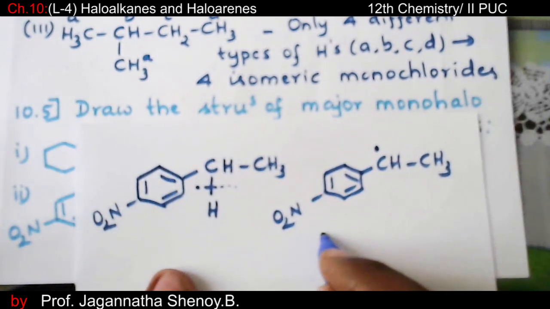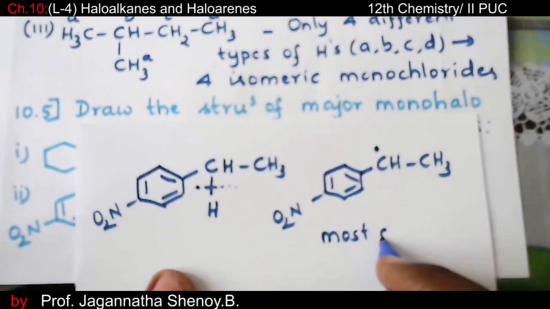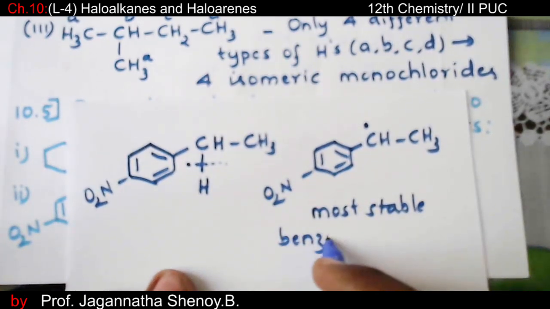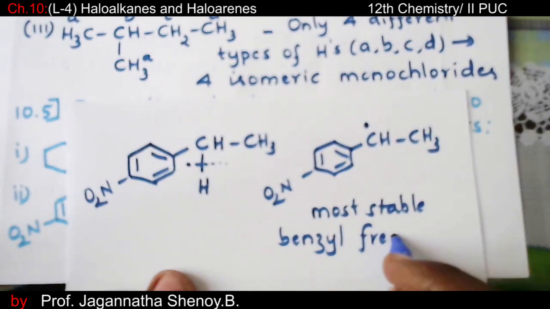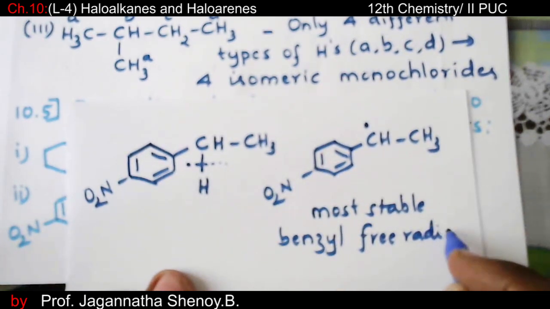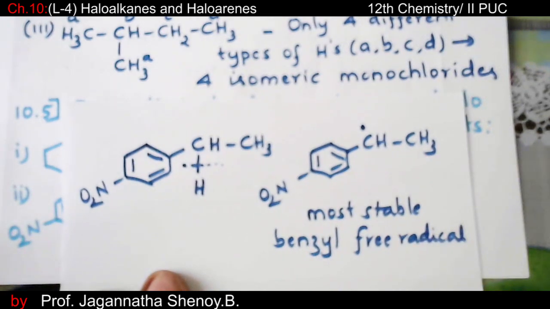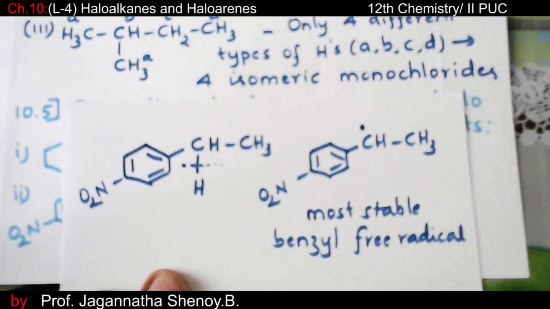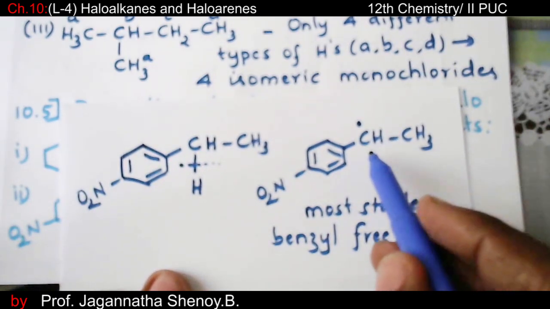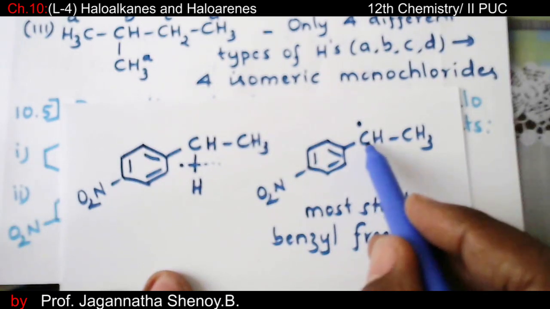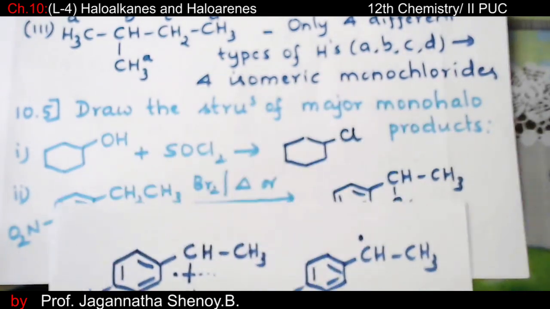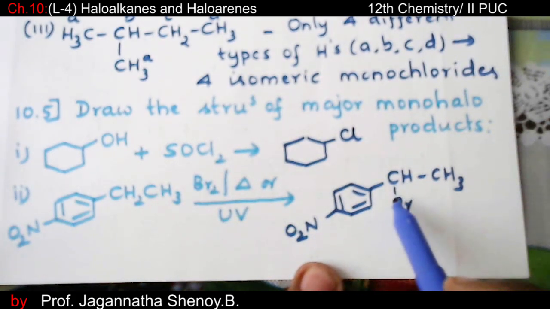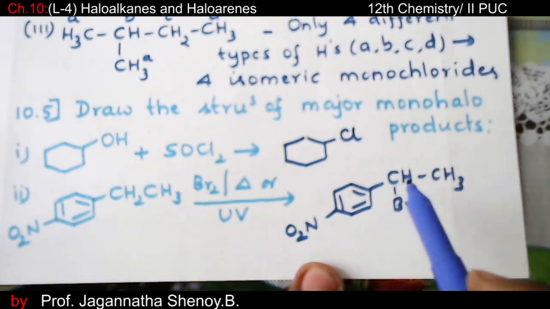You know that this is the most stable benzyl free radical. Now, this benzyl free radical will combine with bromine free radical. As a result, what's the product that we get? Bromine free radical gets attached over here. That's why the major product obtained here is this. So, the bromine atom is connected to the benzylic carbon.